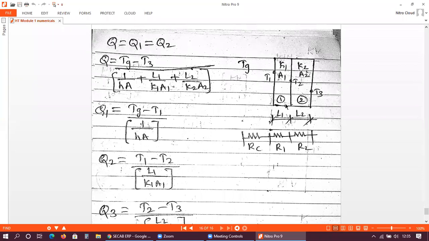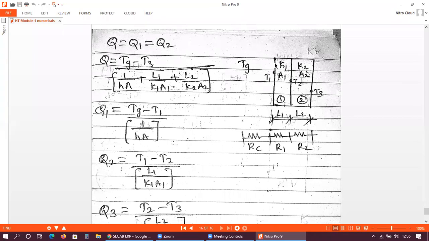As you can see, L1 is the thickness of wall 1, and L2 is the thickness of wall 2. L1 is going to offer a resistance R1, and L2 is going to offer a resistance R2, right? These are the two resistances offered by the first wall and the second wall.